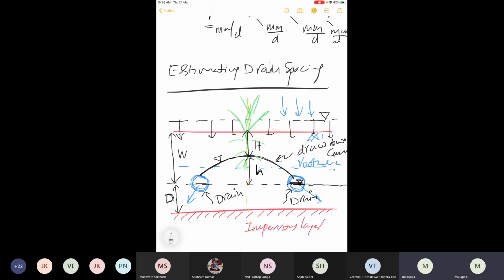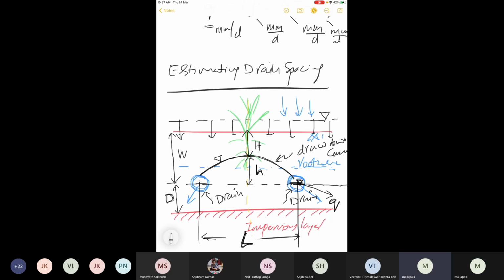Okay, I think this much you must understand, and also the important thing, the spacing. So this is the spacing between the two drains, that is denoted with capital L. And the drainage coefficient, that is Q, mm per day.